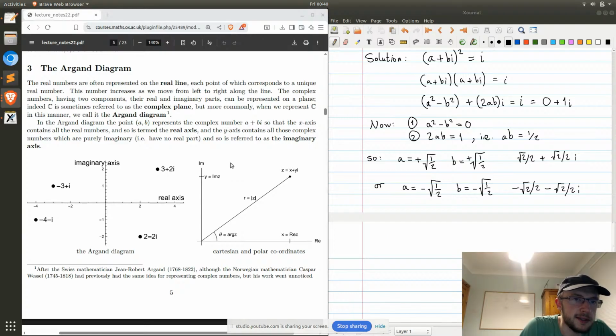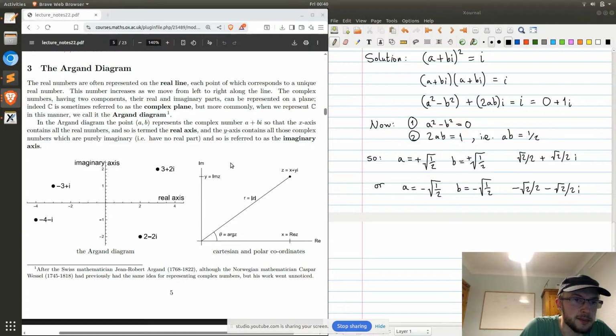This number increases as we move from left to right along the line. The complex numbers have two components. Their real and imaginary parts can be represented on a plane. Indeed, the complex numbers is sometimes referred to as the complex plane. But more commonly, when we represent C in this manner, we call it the Argand diagram.